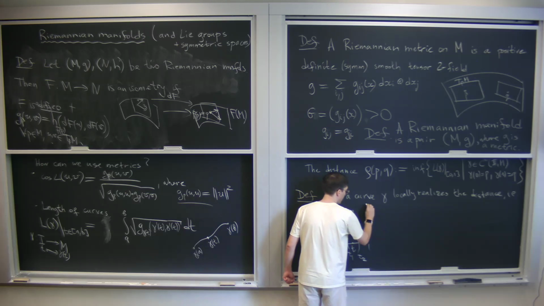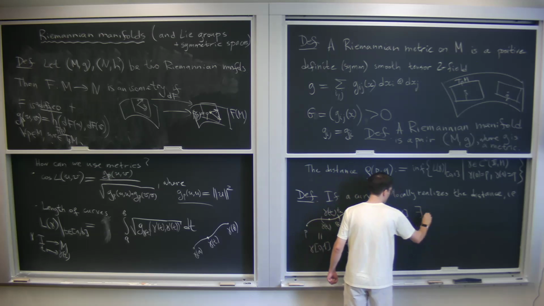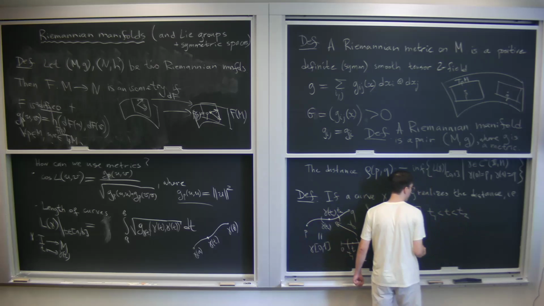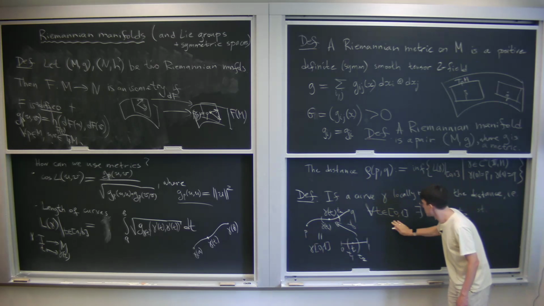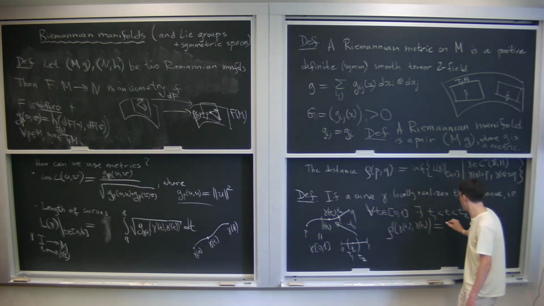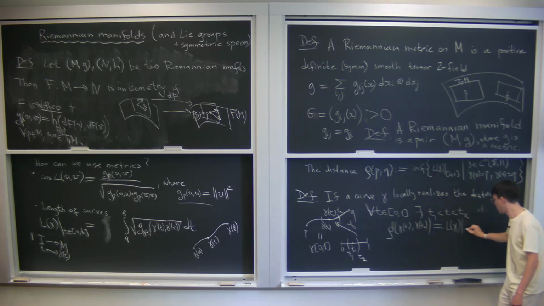So for every t in [0, 1] there exist t1 and t2, an interval [t1, t2] containing t, such that the distance rho between gamma of t1 and gamma of t2 precisely equals the length of our curve gamma restricted to the segment [t1, t2].